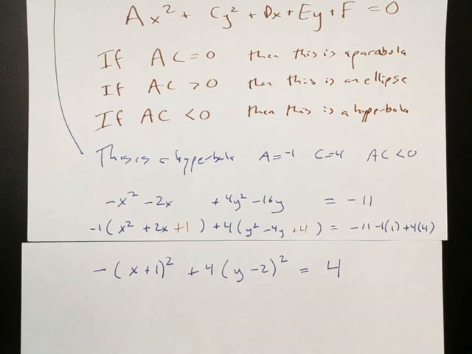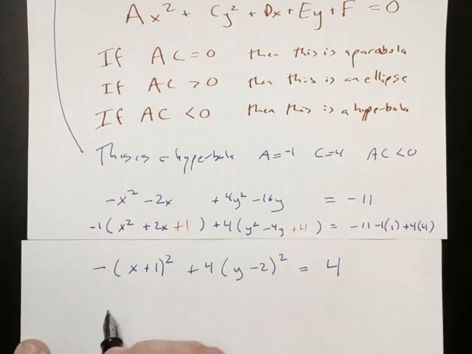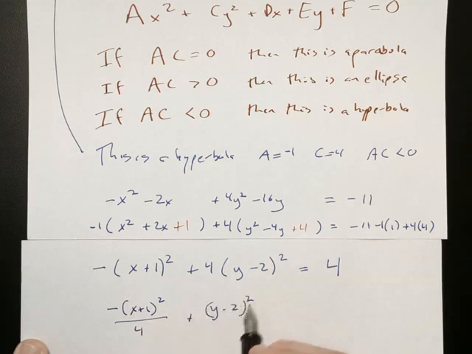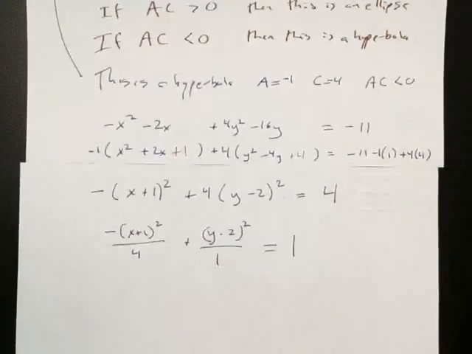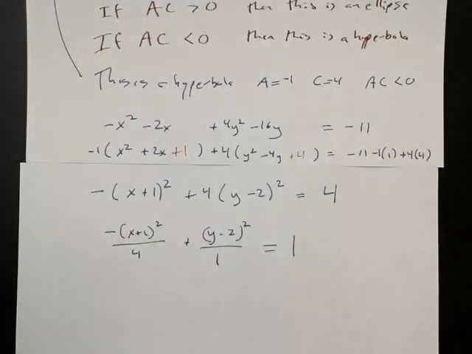But this should be a hyperbola, which means it should be equal to what on the right-hand side? 1. Divide everything by 4. Now, I'm going to do one more thing just to make me personally happy.